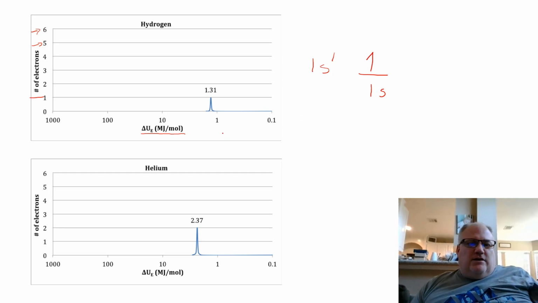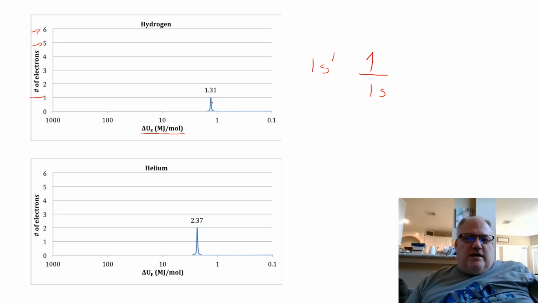And if you take a look here, what this is showing you is that it takes 1 point, and this, by the way, is the amount of energy that is required to cause this electron to be removed. It requires 1.31 megajoules per mole. And if you look at the height, we're pulling off 1 electron.